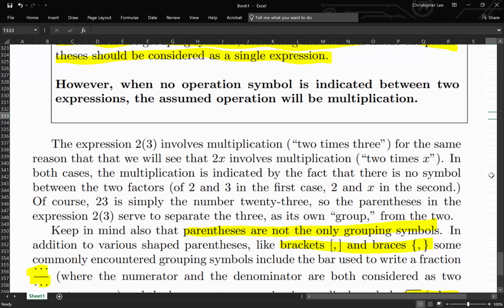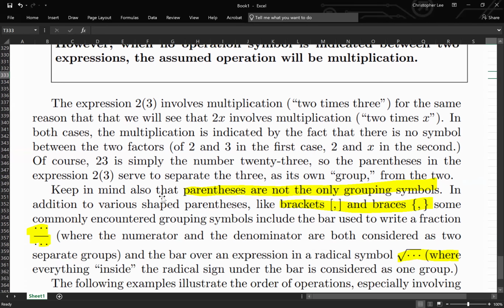In addition to various shaped parentheses like brackets and braces, some commonly encountered grouping symbols include the bar used to write a fraction, where the numerator and denominator are considered as two separate groups, and the bar over the expression in a radical symbol, like the square root, where everything under the radical sign is considered as one group.